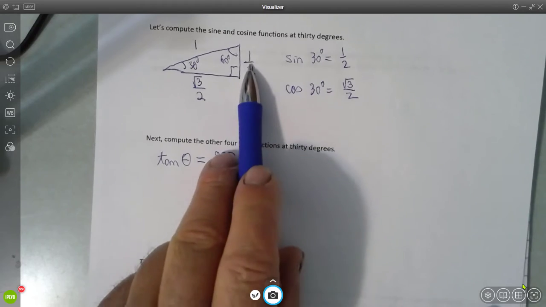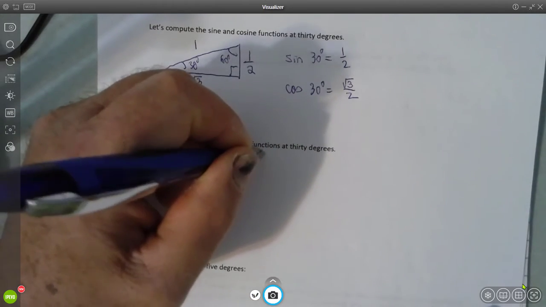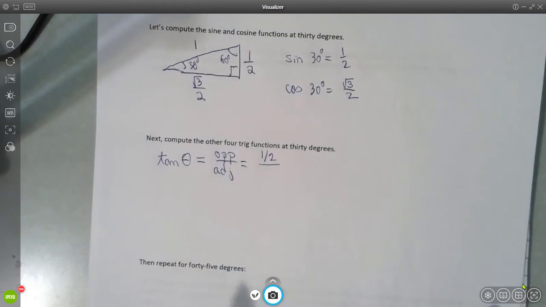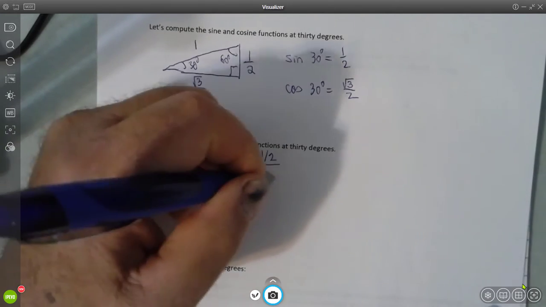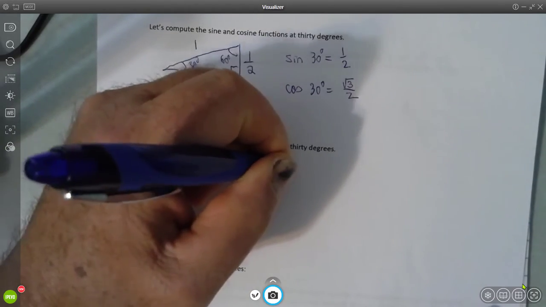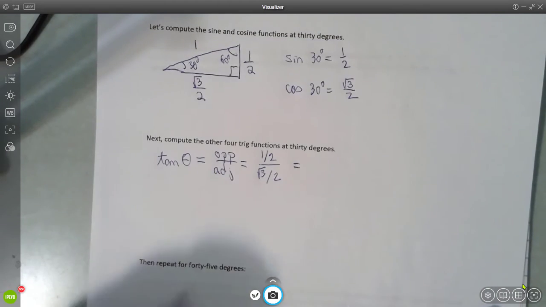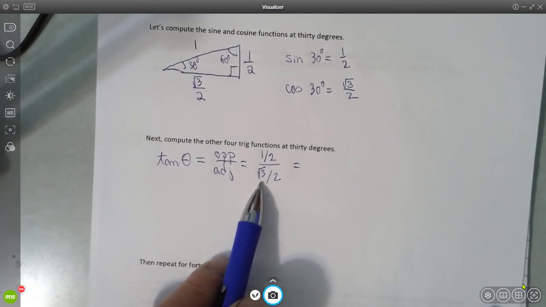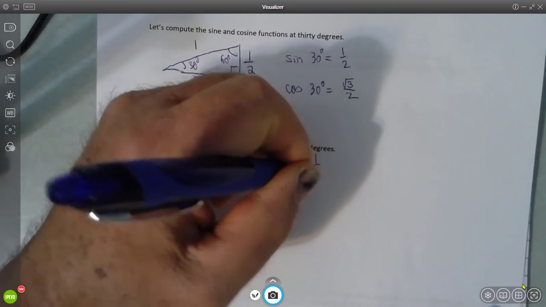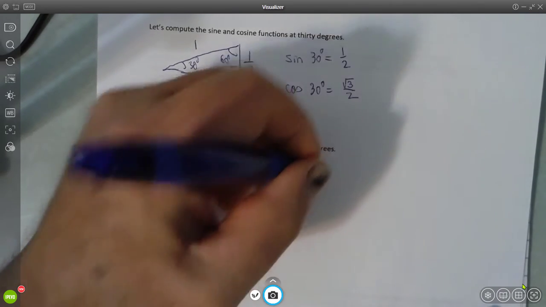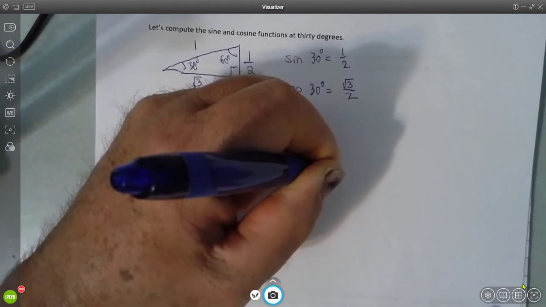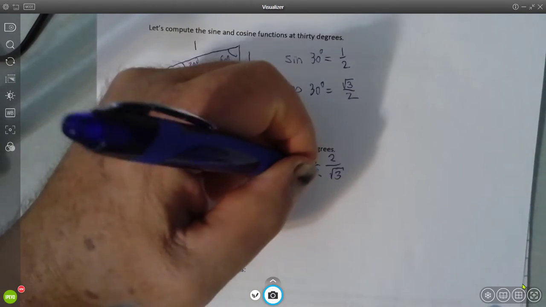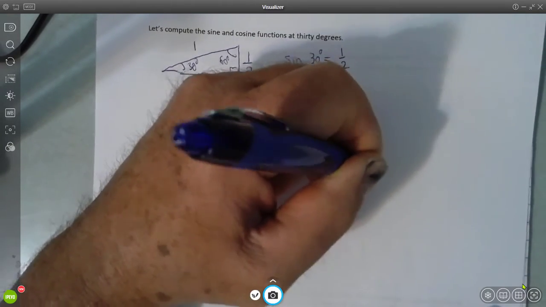We'd have opposite 1/2 divided by adjacent √3/2. And then, of course, the thing to do would be to multiply the top and the bottom by 2, or if you'd like, another option would be to invert and multiply. And then those 2's cancel out, and we have 1/√3.